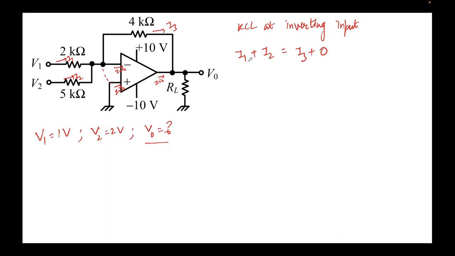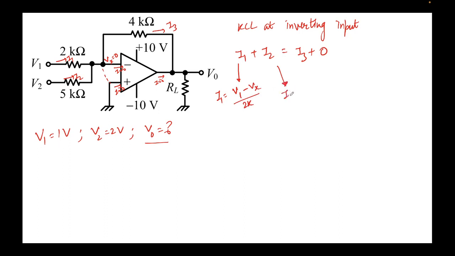Very good. What is I1? In order to find I1, I'll apply Ohm's law across this resistor. Note that this value Vx is equal to 0, due to the virtual short condition. So I1 can be written as (V1 minus Vx) divided by 2k.